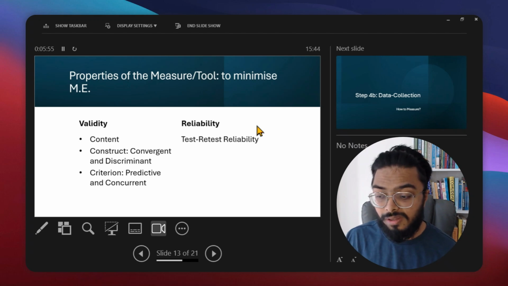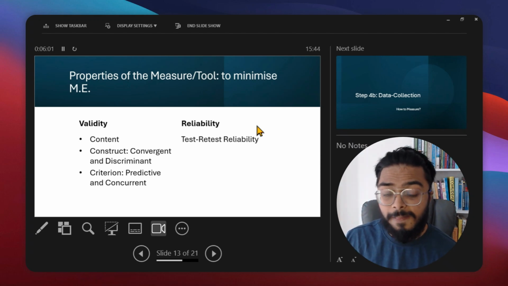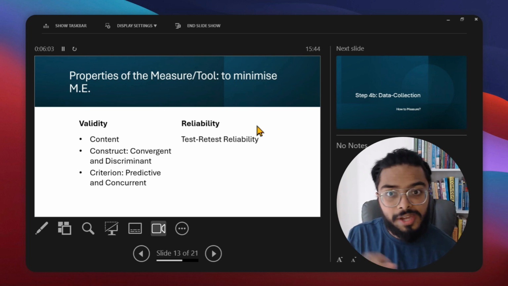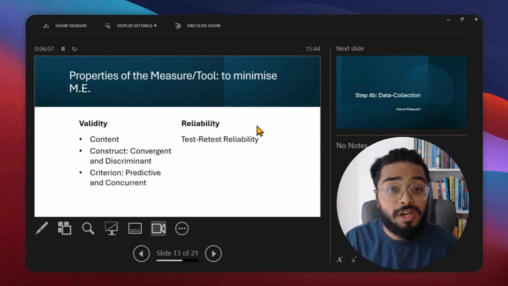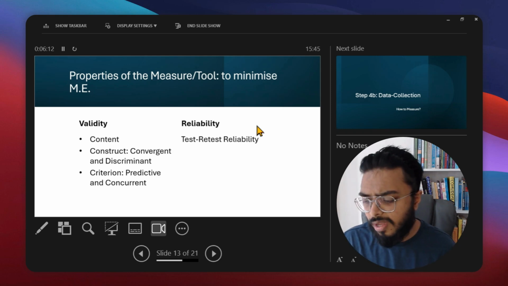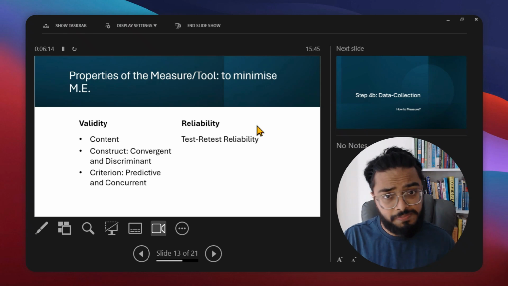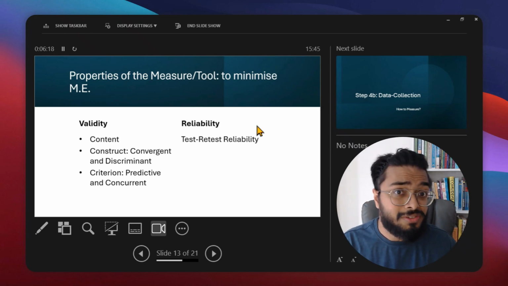Or maybe you have developed a suicide risk questionnaire, and you are measuring how many people who scored high on that actually attempted suicide, let's say after 14 days. So that's predictive validity, how well your tool is able to predict the future.